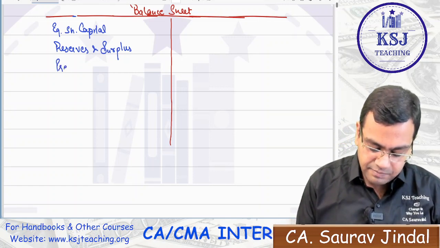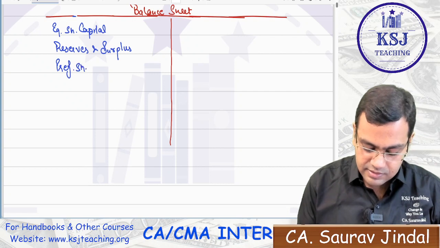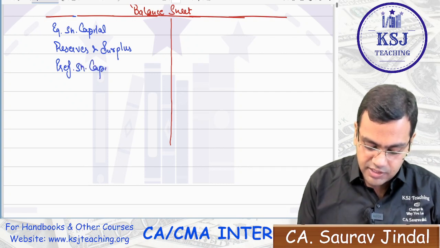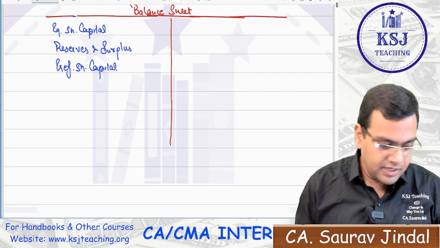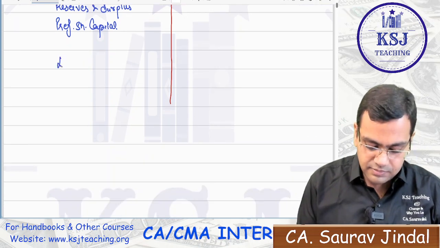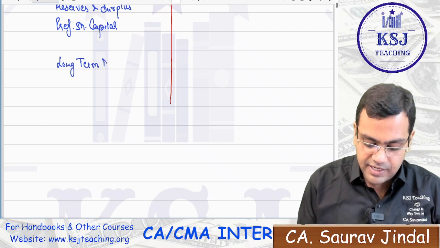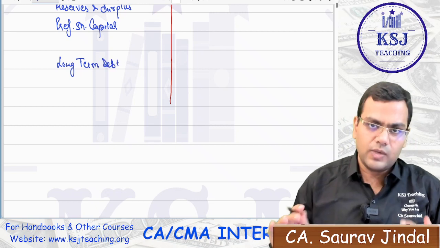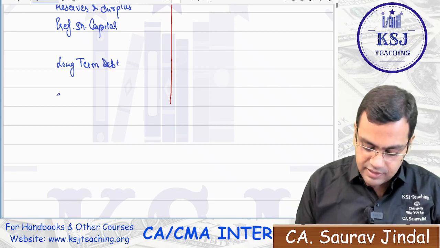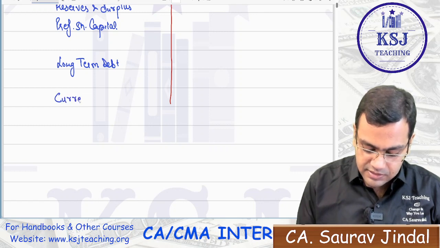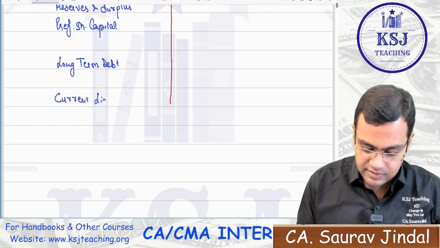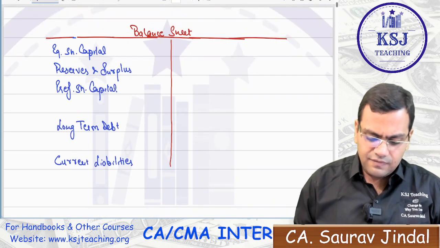Then we have preference share capital. Then next we have long-term debt and long-term borrowings. It is one and the same thing, right? Then we have current liabilities. Right? Sir, we know this balance sheet.